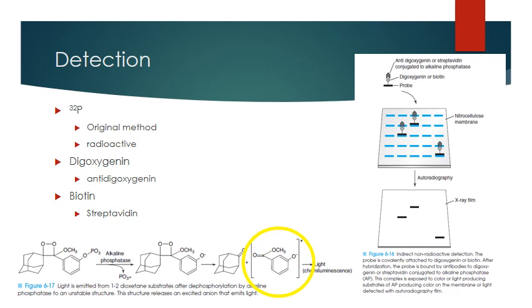So there are a lot of non-radioactive probes, which can be bound covalently to several other markers such as digoxigenin or biotin. And then after those are hybridized, you can wash away the unbound probe and then use something like the anti-digoxigenin antibody, which will react with your digoxigenin, or streptavidin, which will react with your biotin.